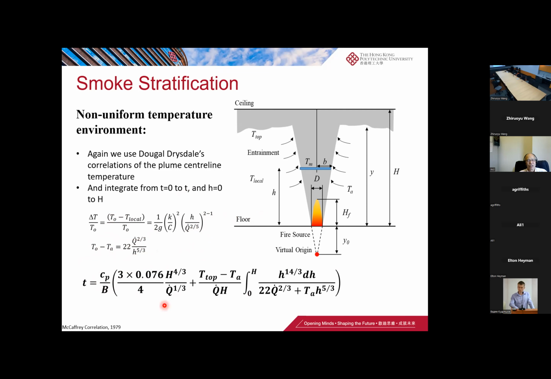From it, we can get the time for smoke to rise up to some height or to the roof, based on the heat release rate, the height, the top temperature and the lower part temperature.